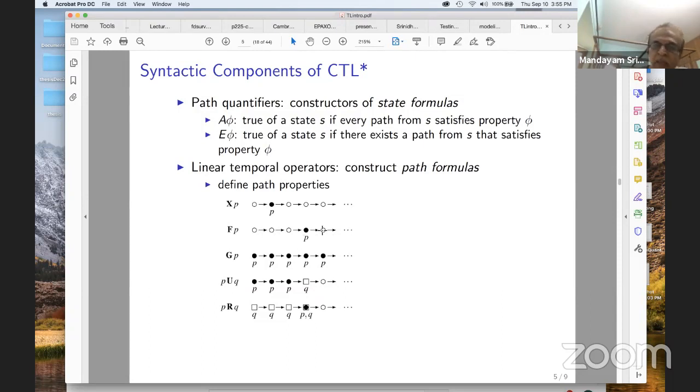That is, P would be true of the path starting from some index I. That's how this should be understood. G of P is the forever operator. It is true if P is true of the path starting from I equal to 0, I equal to 1, 2, 3, etc.